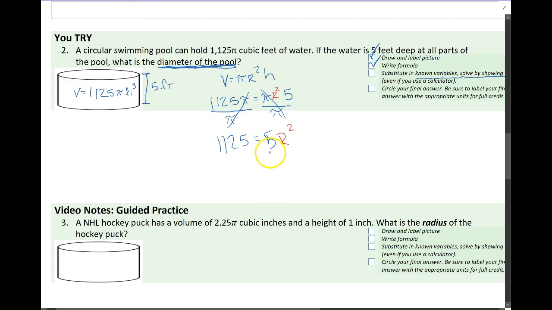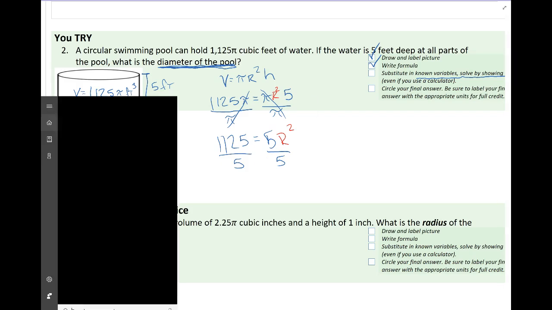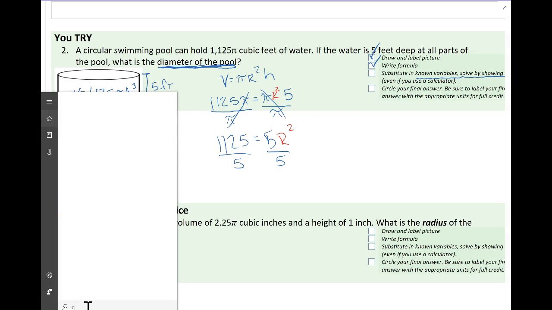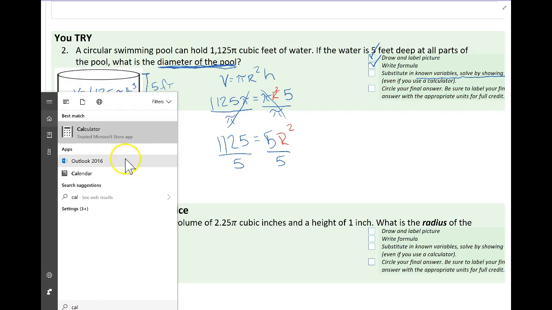Now what I'm going to do is I'm going to isolate r squared by dividing both sides by 5, because over here I have 5 times r squared. Now we're going to go down, we're going to say, okay, I need my calculator.